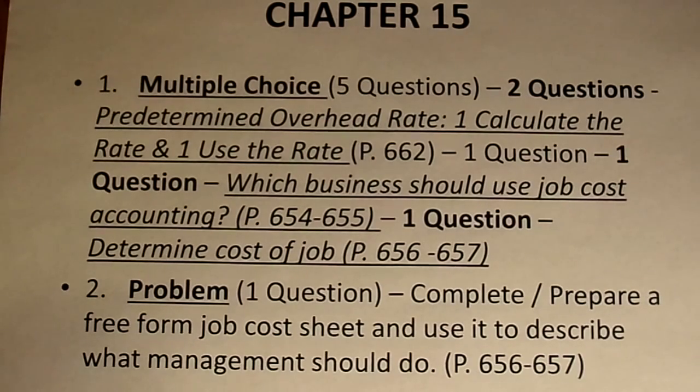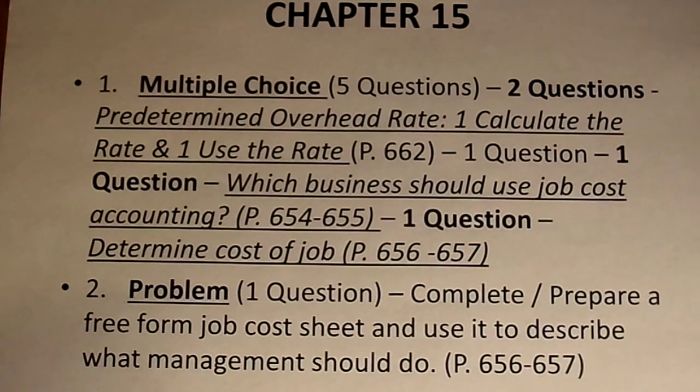That's as opposed to what businesses should use process cost accounting. Basically, businesses with large or unique individual jobs should use job cost accounting. And businesses which sell very similar products, but different types, like for example, different sizes of screwdrivers or different types of tools, might use process cost accounting.